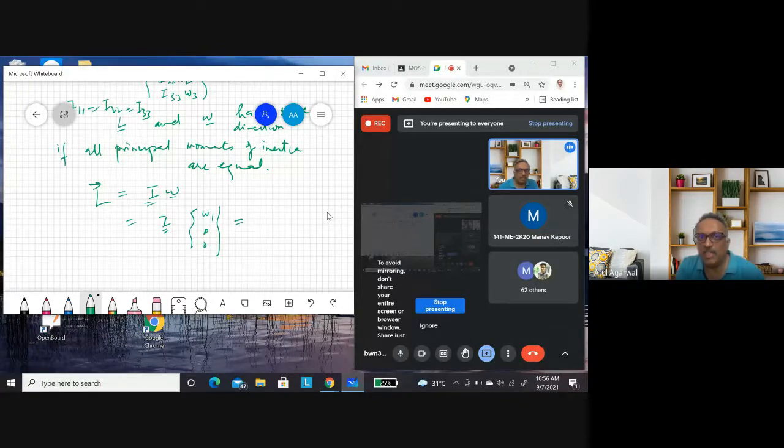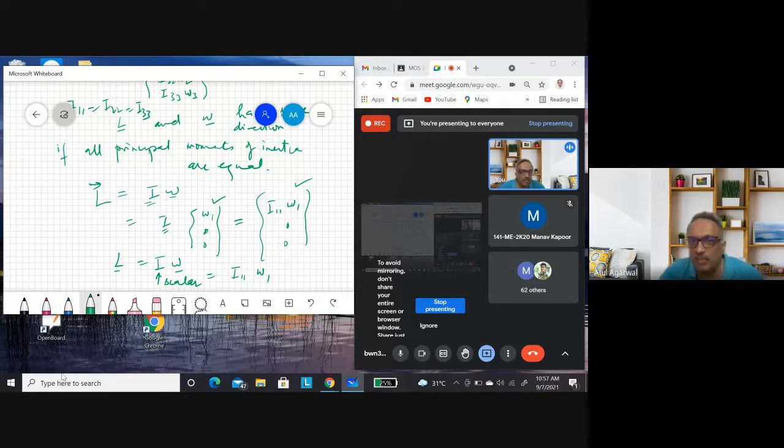Now then what you will get? I11 omega 1. So you see these two vectors are in the same direction. So this is what you were using earlier in your 12th standard, that vector L is equal to I omega. So here you are taking your I as a scalar. In this case, I is nothing but I11.